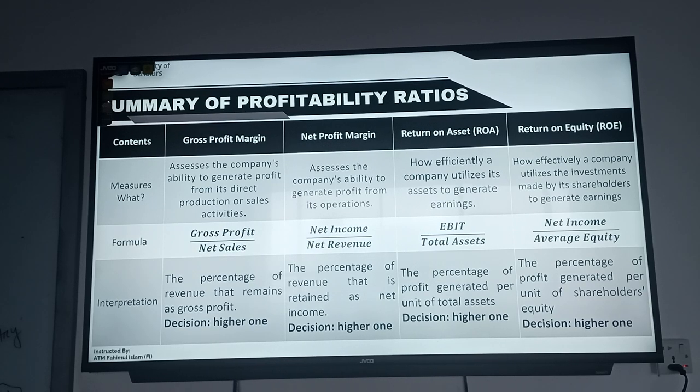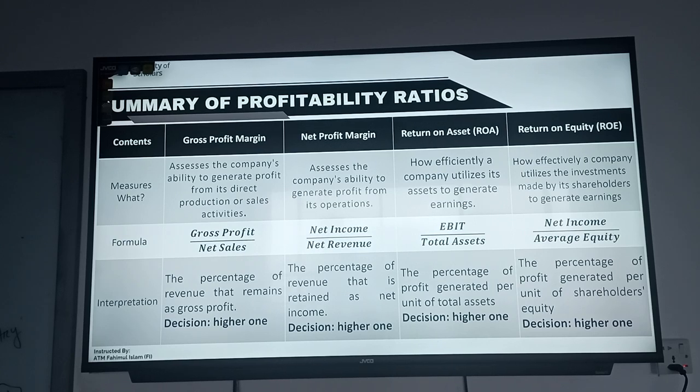Moving on to the net profit margin, we will do an exercise after understanding each and every single ratio, and then we'll do a combined math to understand more how we can interpret the results. Let's discuss the net profit margin, which assesses the company's ability to generate profit from its operations. How do we get it?